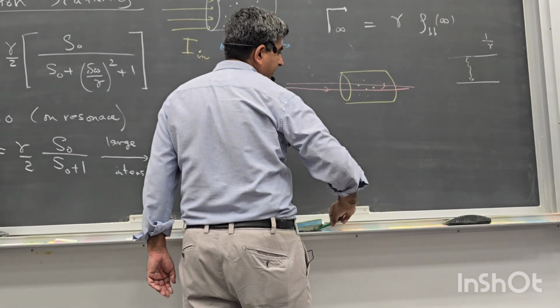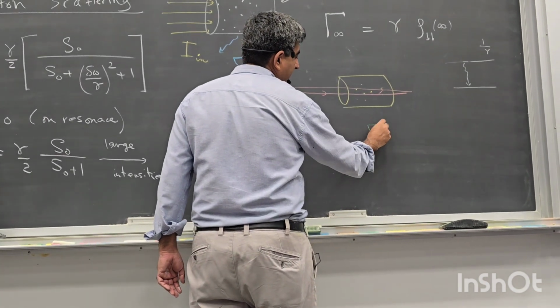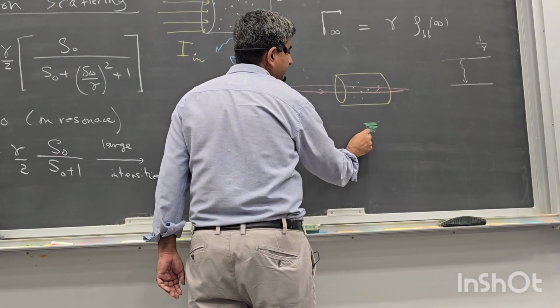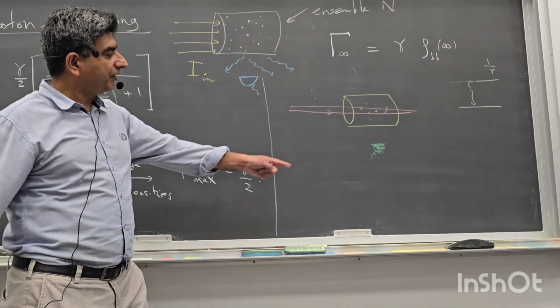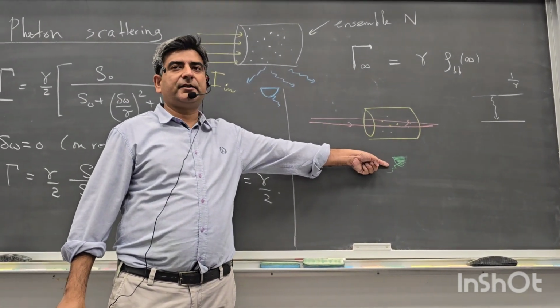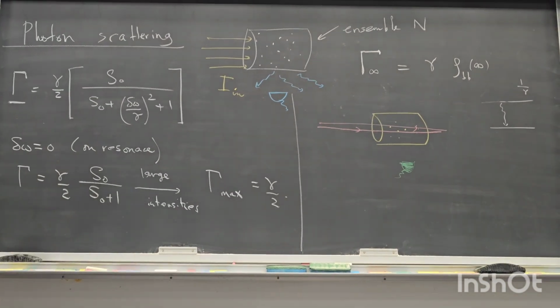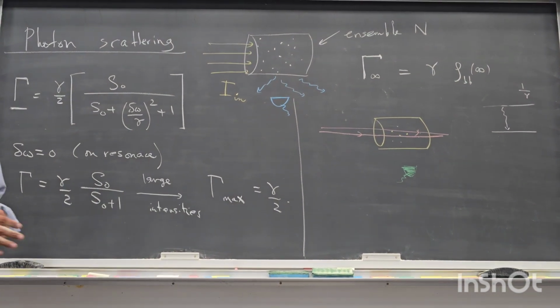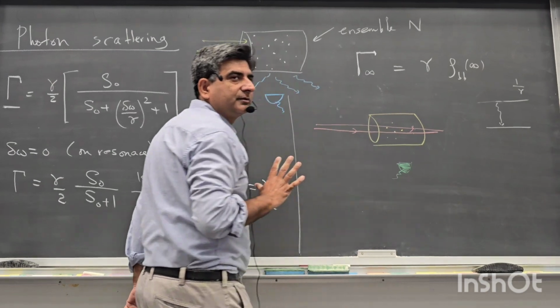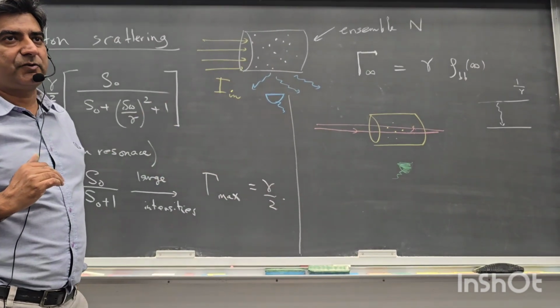And you have a detector here. And you want to see how much light is being emitted from these atoms. So you're really collecting the scattered photons in a particular angle. And these are spontaneously emitted photons.